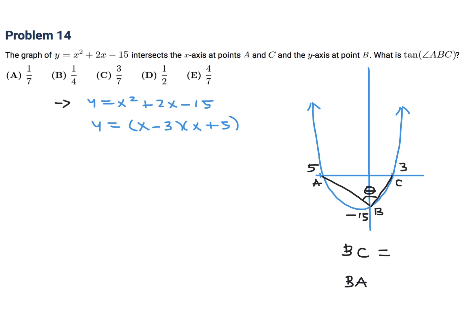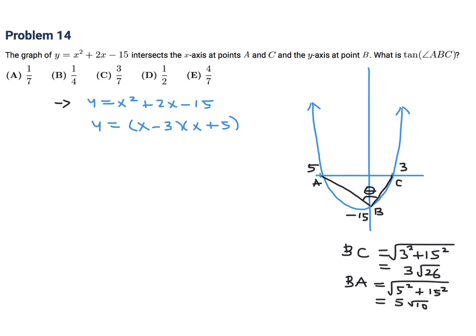I'll just use Pythagoras because that's quicker. The square root of 3 squared plus 15 squared is 3 root 26. And then BA, the square root of 5 squared plus 15 squared, is 5 root 10.